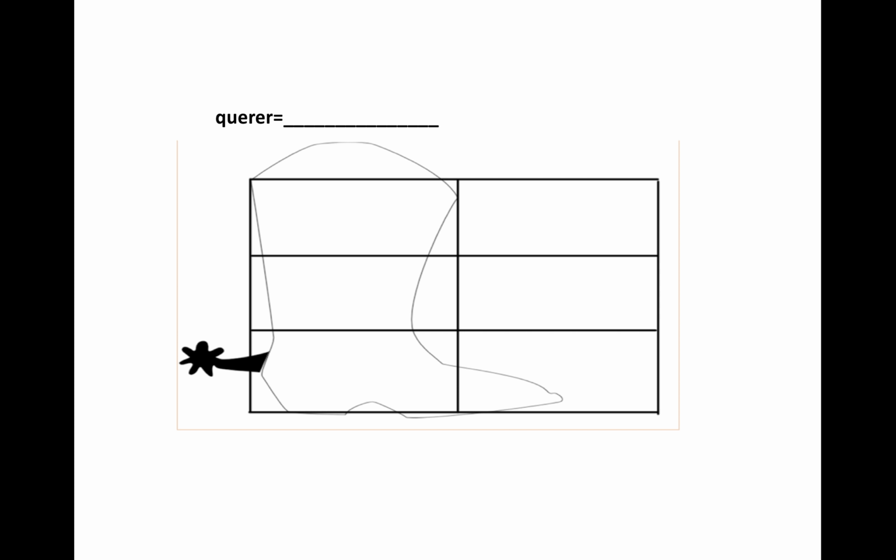Okay, so we're going to start with querer. This is a super common verb, to want. If you think about how often you might say that in English, it's just as popular in Spanish. So, querer, to want. When we conjugate this, we're going to use the ER endings because it's an ER verb. But then, in these four forms that are inside of the boot, we are also going to change this E to IE.